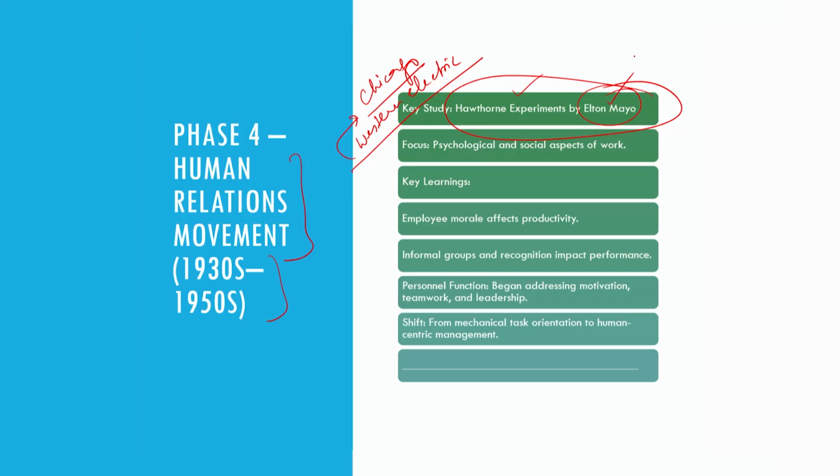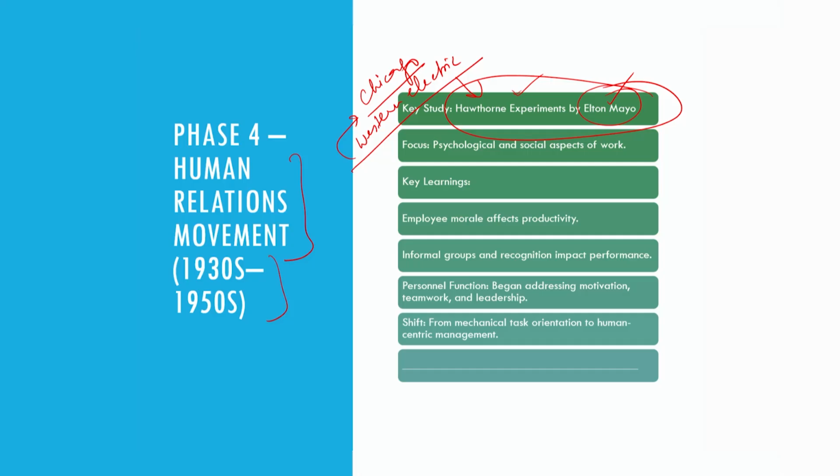Elton Mayo was one of the most prominent behavioral scientists who performed the Hawthorne experiment. Hawthorne is the name of the factory. Now, what happened in the Hawthorne experiment? There were many experiments, I would say a relay of experiments, out of which one of the most prominent was on illumination.